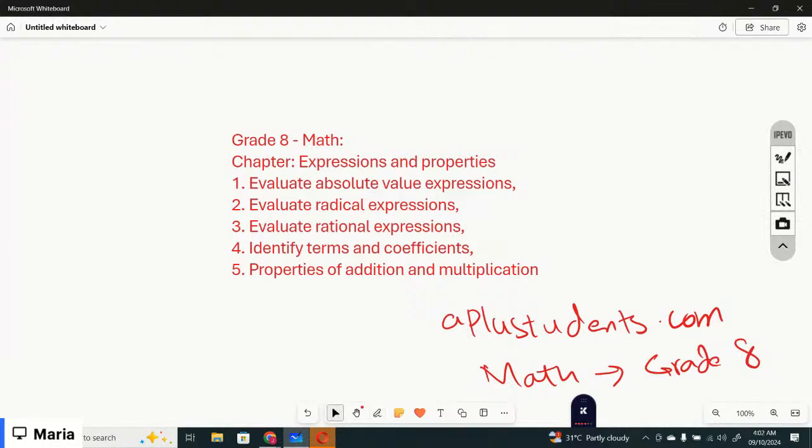We're going to start with the chapter expressions and properties, and the lessons we're going to cover today are evaluate absolute value expressions, evaluate radical expressions, evaluate rational expressions, identify terms and coefficients, and properties of addition and multiplication.